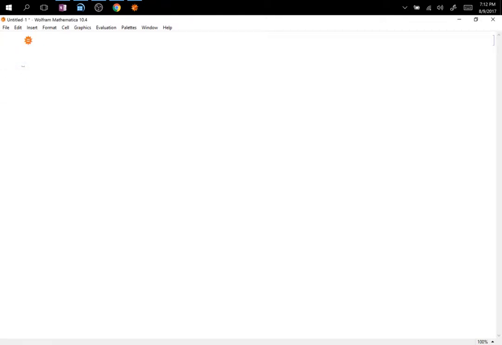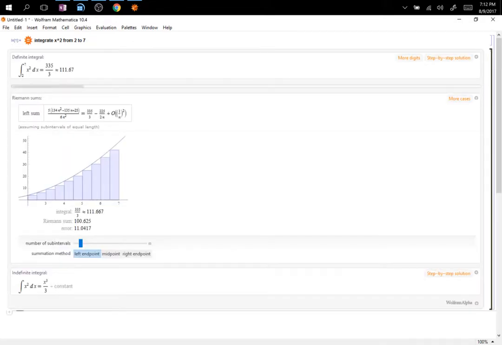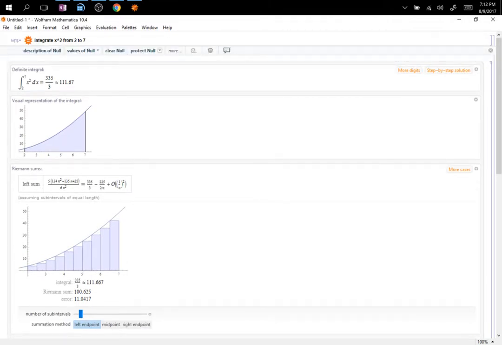You go to Wolfram Alpha Query. And you say integrate x squared from 2 to 7. Enter. So just talk to it. This is why it's so powerful and so awesome. Done. That's why I always mess up. I always try and do correct sign with parentheses, but if I just write from, it's so much easier.